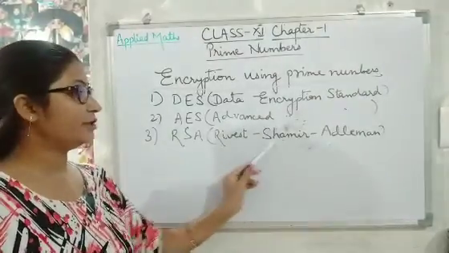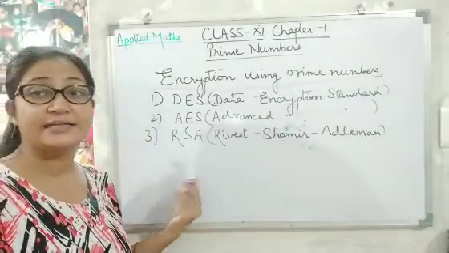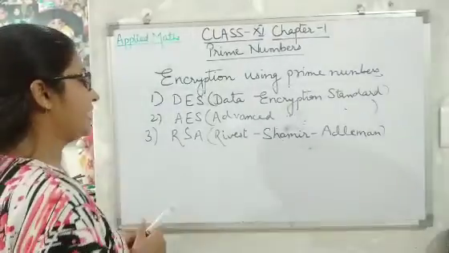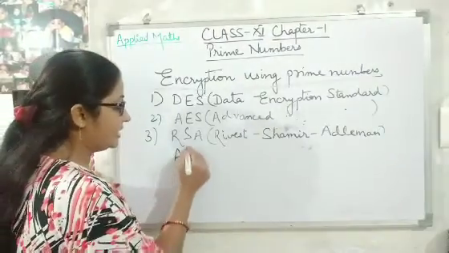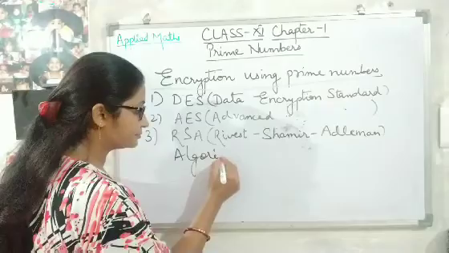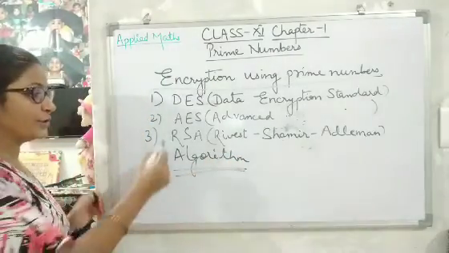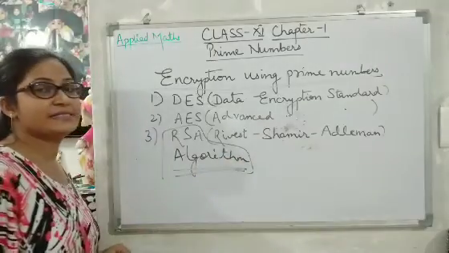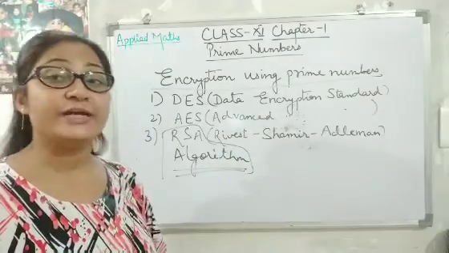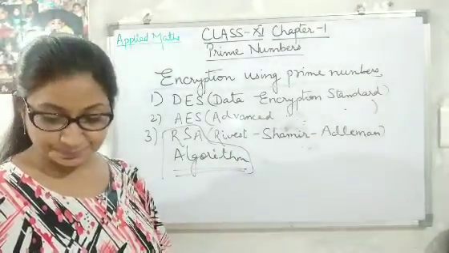So the first character of their names is taken and the method is formed, which is called the RSA algorithm. This is what we are going to focus on, the RSA algorithm method of encrypting the data.